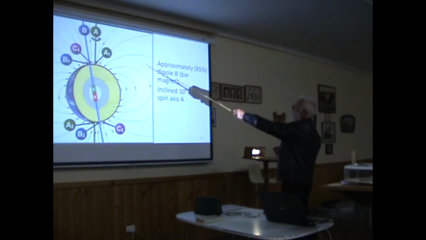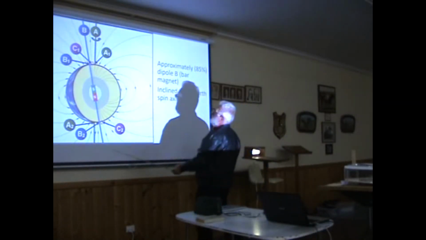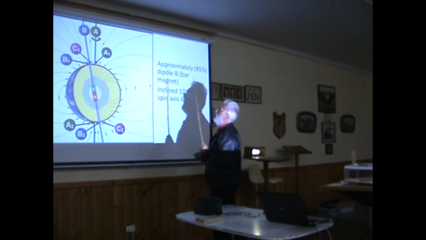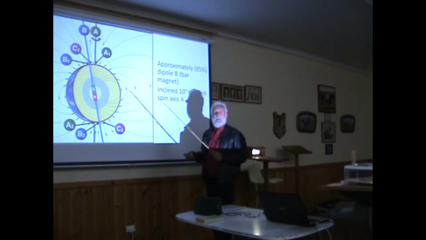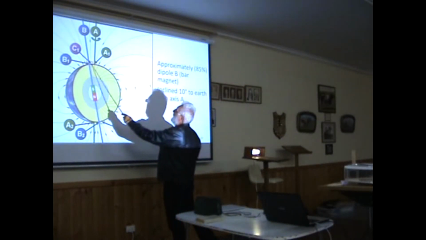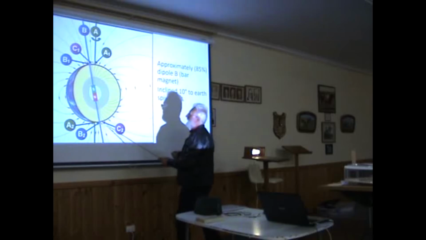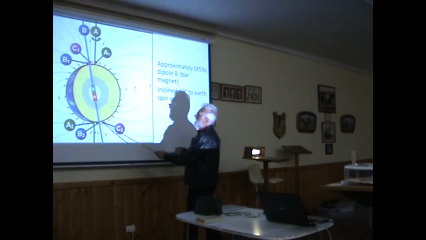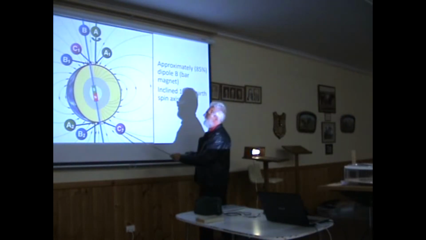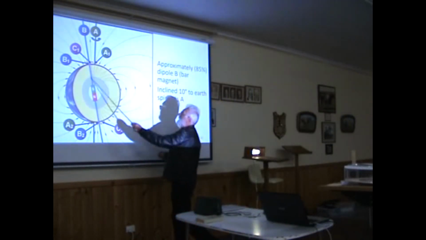You can see that the field lines are drawn. There's no simple symmetry line. But if you say the North Pole is where the magnetic field is locally the strongest, then you'd have to pinpoint it there. And if you say the South Pole is where it's strongest in the opposite direction, you'd have to pinpoint it there. They don't fall in a straight line.